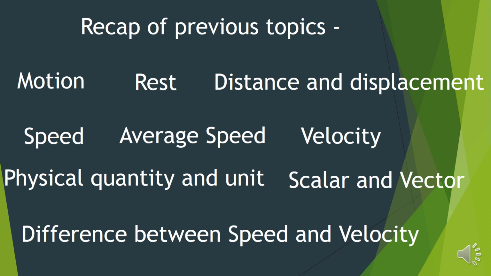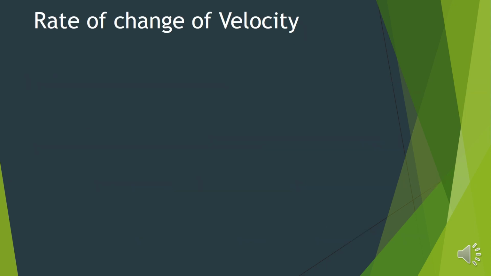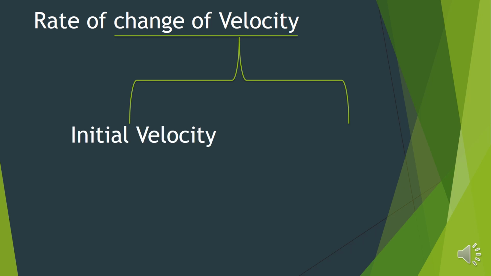Okay, so today we are going to learn about the change in velocity with respect to time. As we have already studied what is velocity, today we will see the change in velocity with time, that is the rate of change of velocity. Listen carefully. When I say change of velocity, there has to be one initial velocity and one final velocity.